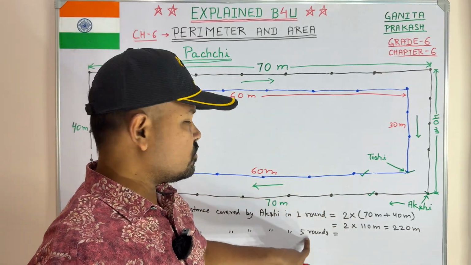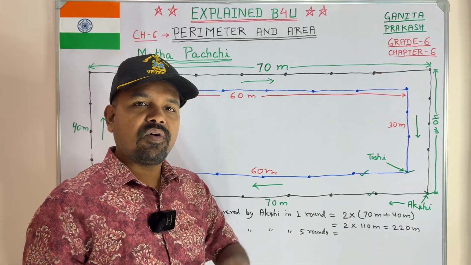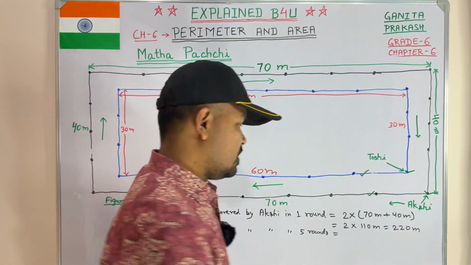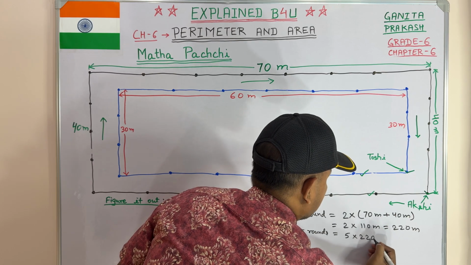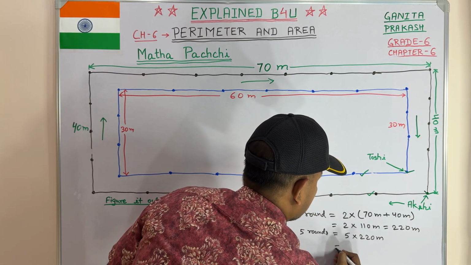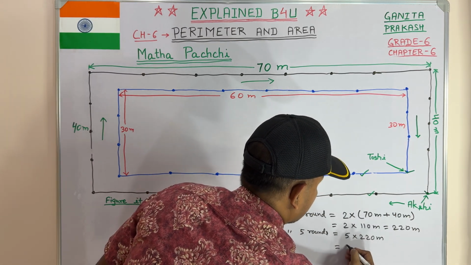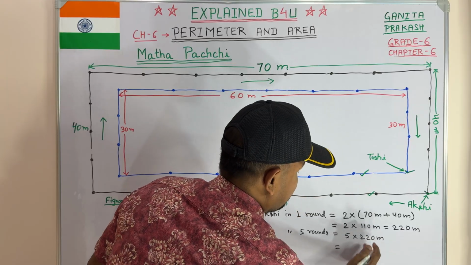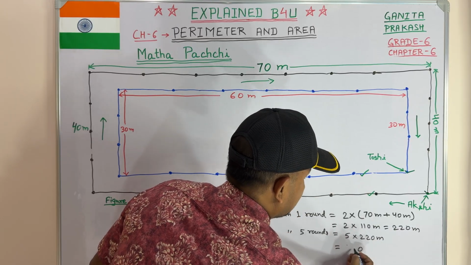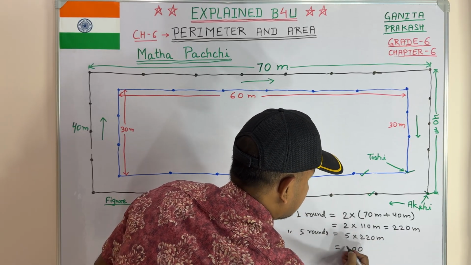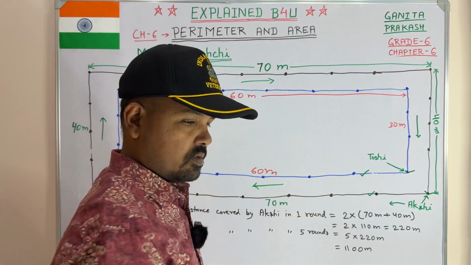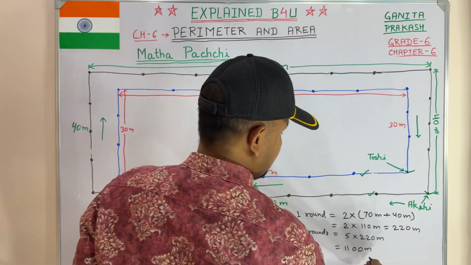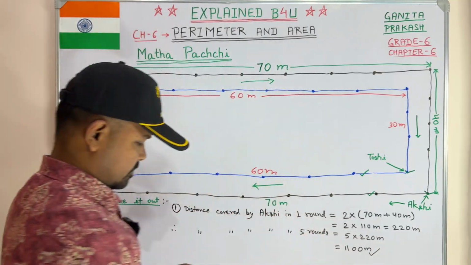Therefore in 5 rounds distance covered will be 5 multiplied by 220, right? 5 multiplied by 220 meter, that will be equal to 5 zeros are 0, 5 twos are 10, 0, carry 1, 5 twos are 10, 11, 1100 meter. Okay. So 1100 meter will be the answer.